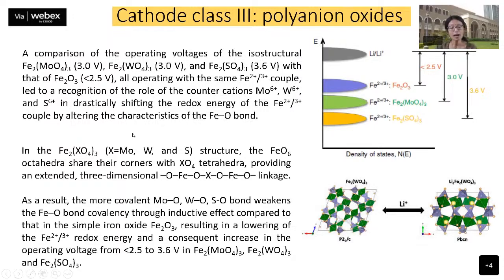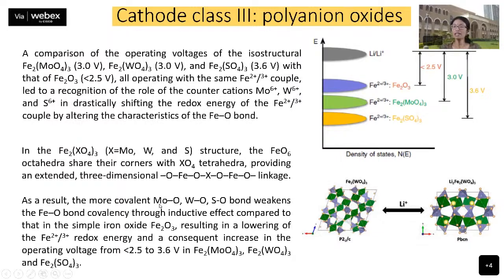So what happens? In these kinds of materials, you have FeO6 octahedra, and they share their corners with XO4 tetrahedra, that is MoO4 or WO4 or SO4. What it has is an extensive three-dimensional linkage of Fe-O-X-O-Fe.